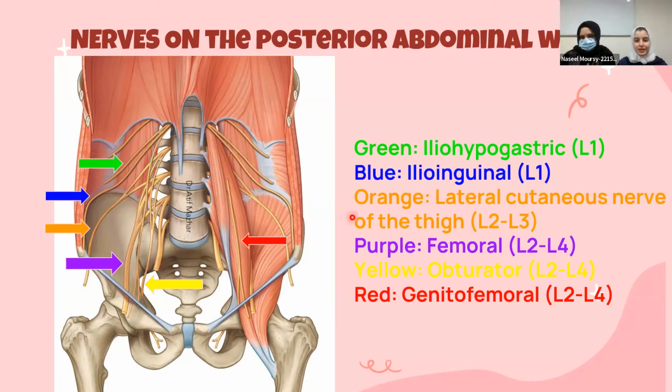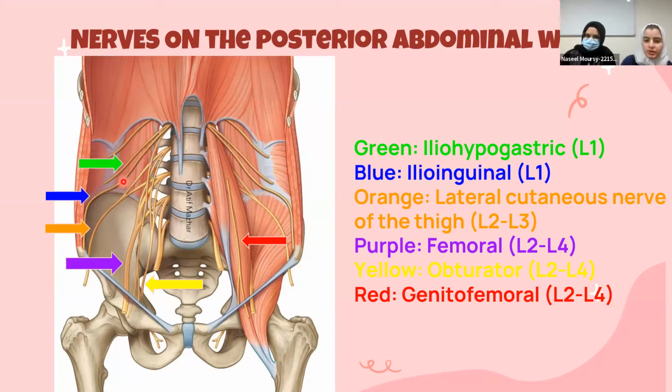I'm really proud, honestly. Okay, so you have the iliohypogastric, ilioinguinal, lateral cutaneous nerve of the thigh. This one's my favorite because it's very easy to recognize. And then you have the femoral, obturator, and genitofemoral. Now, obviously, you guys have to know the roots of each nerve. So basically, you can think of it as the higher up it is, the earlier the nerve. So iliohypogastric, since it's up, it would be L1.